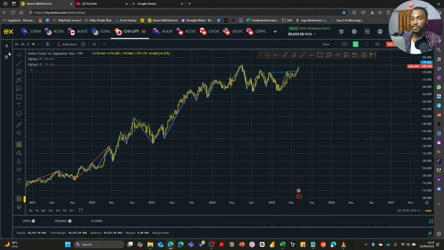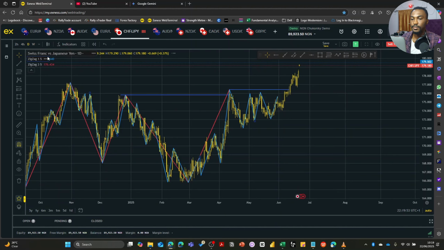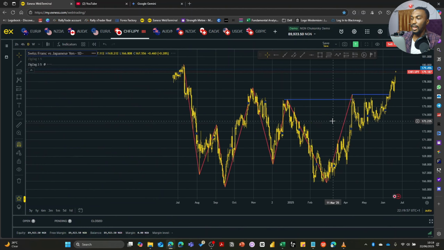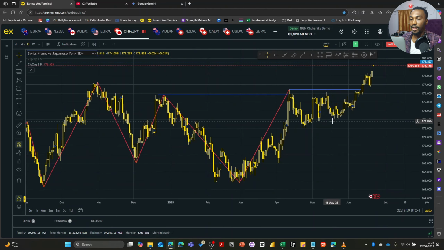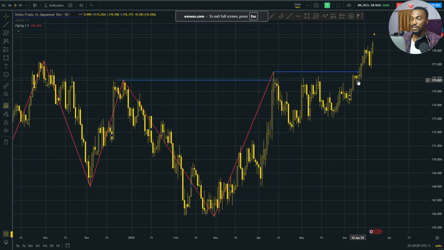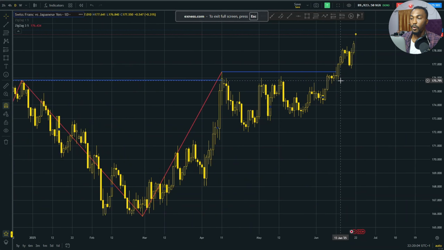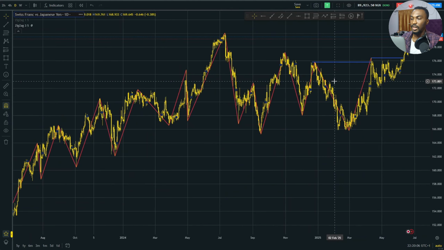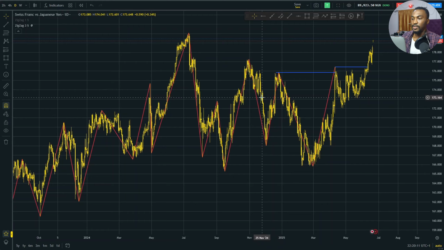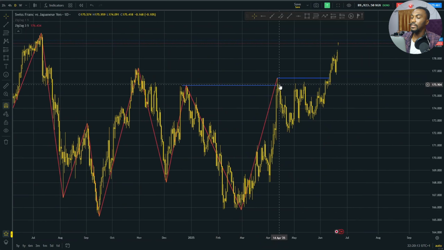Chart is saying on the daily, we actually are on a very violent uptrend. This is very, very opposite to what fundamentals are saying. So in other words, I do not see us taking anything in this chart.